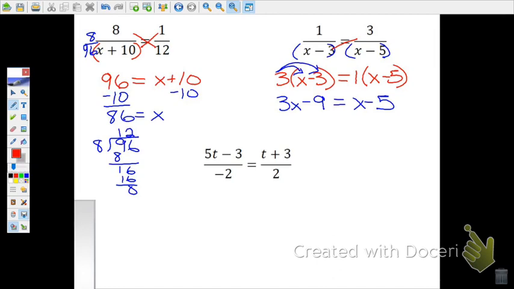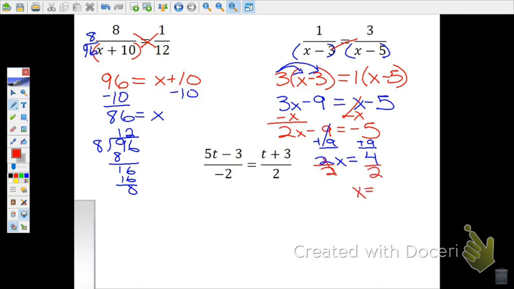Subtract x from both sides. 2x minus 9 equals negative 5. Next step, add 9. 2x equals a positive 4. Divide by 2. So x equals a positive 2.